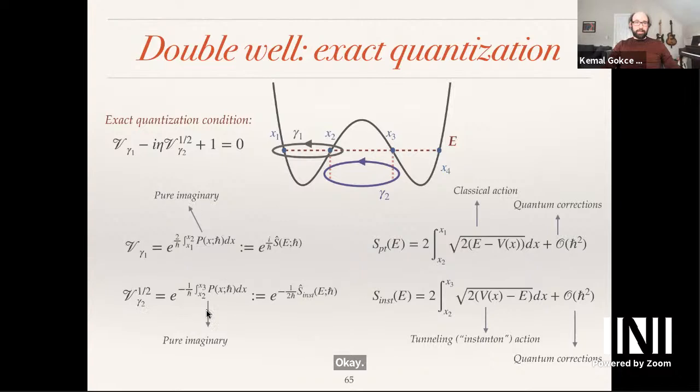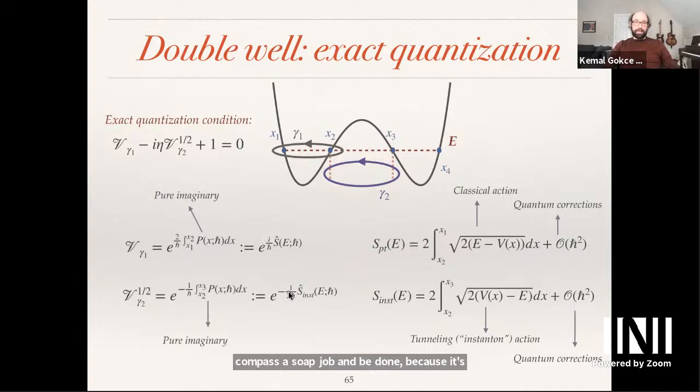Whereas the other one is, dear God, this is real. It's not pure imaginary. Okay, so this is real because again, with my choice of normalization, V is always greater here than E. Then this is real. So it's exponentially suppressed compared to V1. So this is one of the reasons why V1 encounters a Stokes jump and V2 doesn't, because it's exponentially small compared to the other.